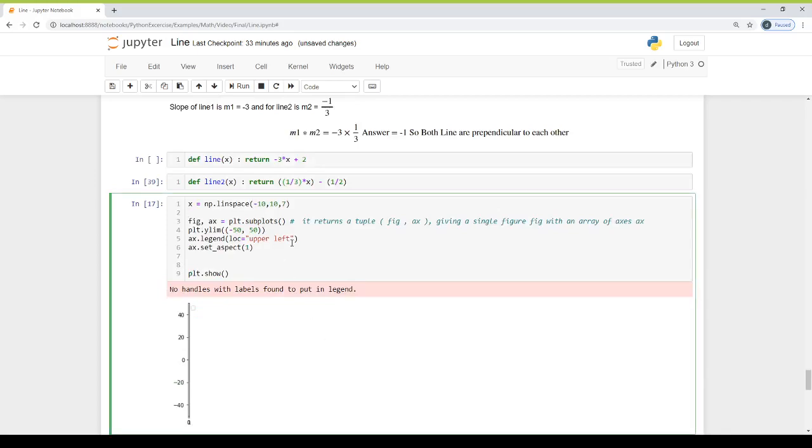And now let's draw the graph of these two equations.